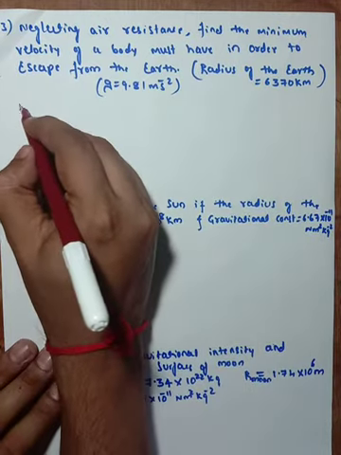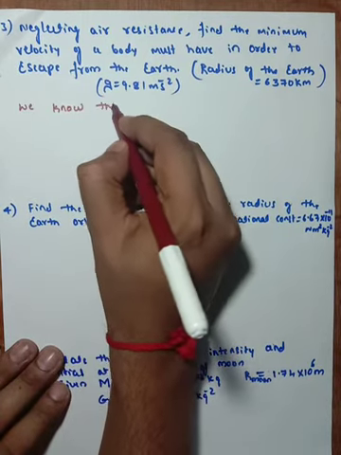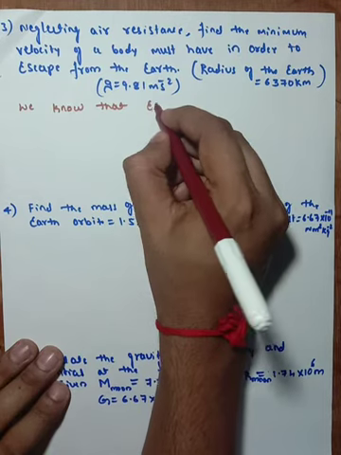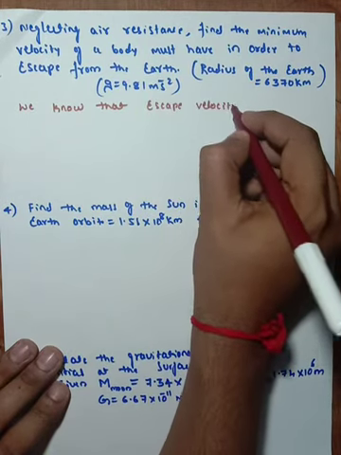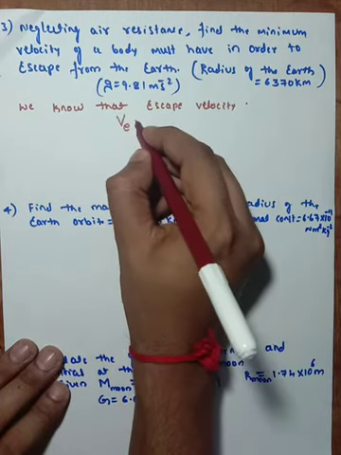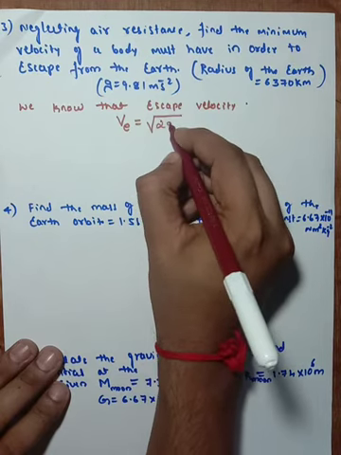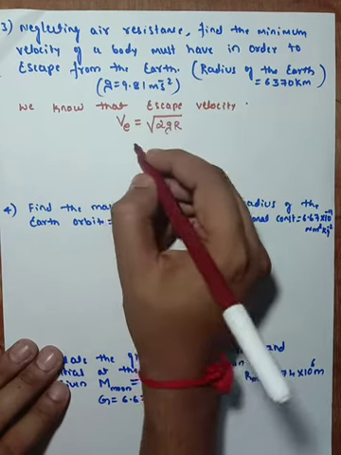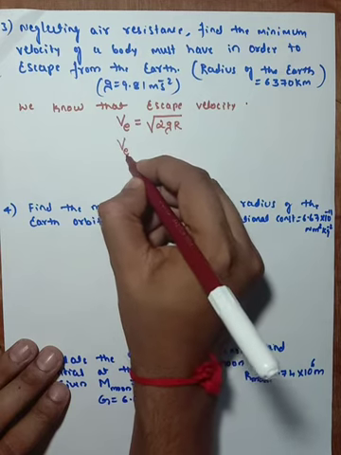We know the formula for escape velocity, let me write here: square root of 2 g r. Here E denotes escape velocity.